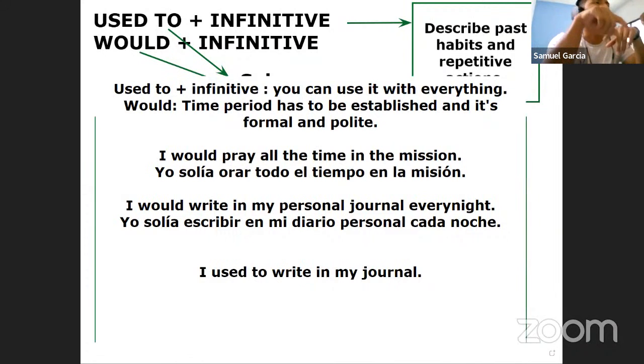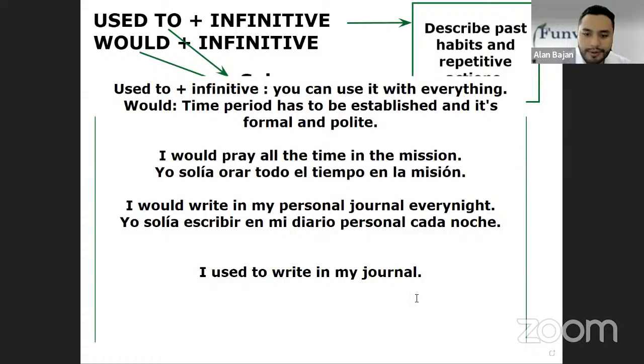Is used to for present time, like suelo? No, it's only for past events. If you want to use it in present tense, you need to use an adverb. Okay, thank you.